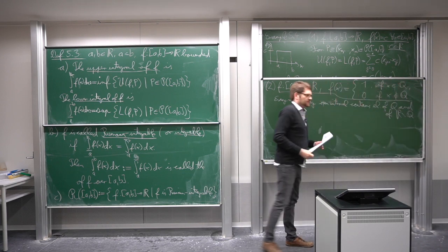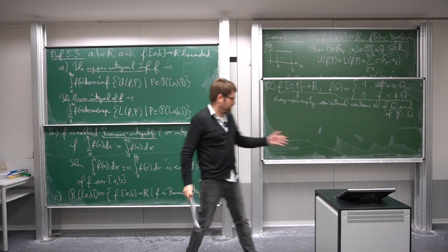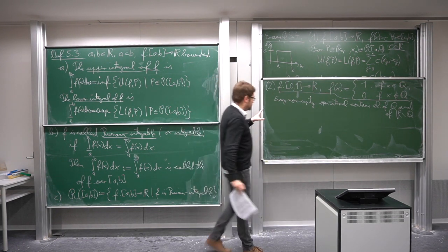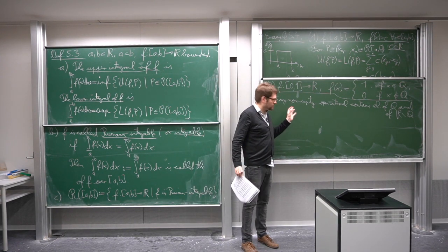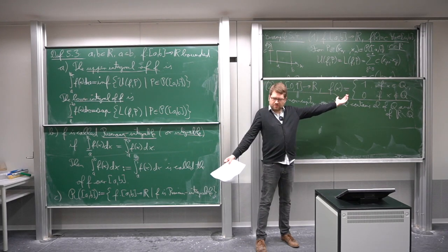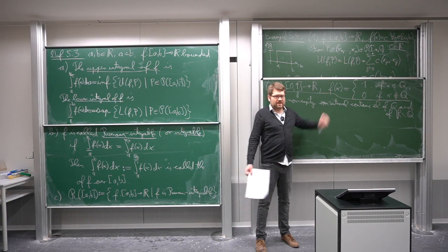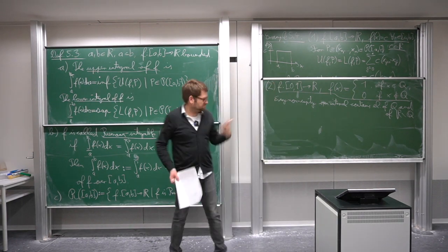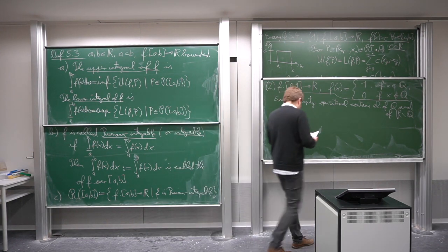This means that we always take the supremum and infimum of the values of f over some non-empty interval in these partitions. The supremum will always be 1, because there's always some point where the function is 1, and the infimum will always be 0, since there's always a point where it gets 0.